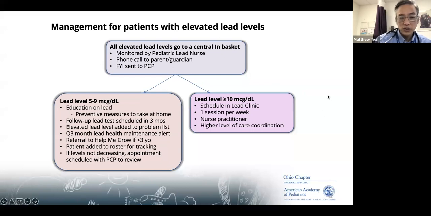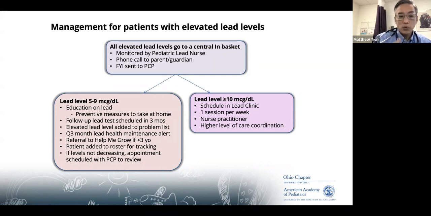But currently, for a lead level of 5 to 9, we'll provide education on lead by phone from the pediatric lead nurse, and we'll also send out a written letter about the usual preventive measures to take at home that you also know how to do: wash their hands, keep their shoes at the door, try to block off areas that might have peeling, chipping paint, run the water, wipe things down on a regular basis, et cetera.